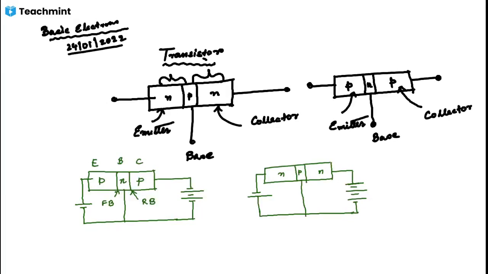So this is E, this is B, this is C. This is also in forward bias, and this is in reverse bias. So this is the biasing circuit of a normal PNP and NPN transistor.